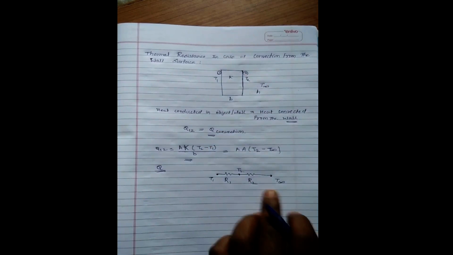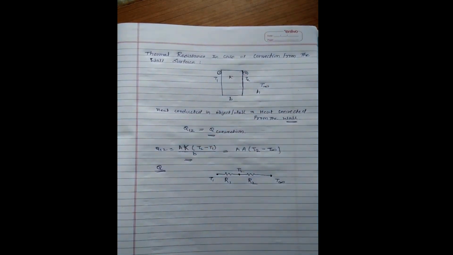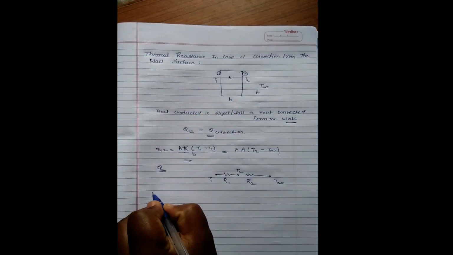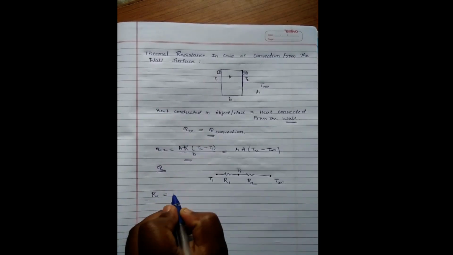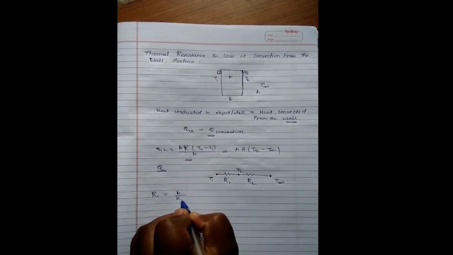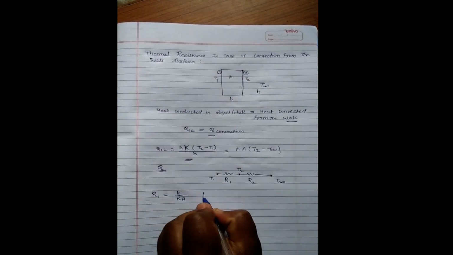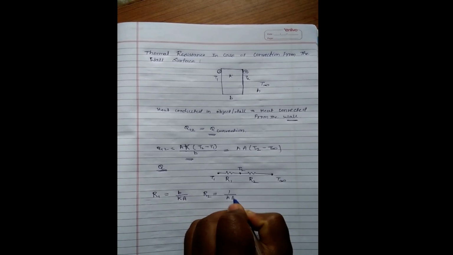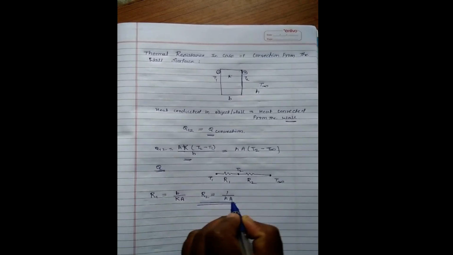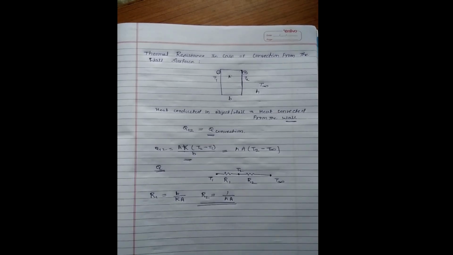So there are two resistances, and the value of resistance R1 will be equals to B by KA, and that of R2 will be equals to 1 upon HA. That is, convective thermal resistance is 1 upon HA.